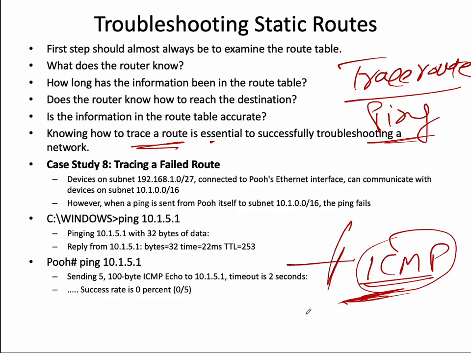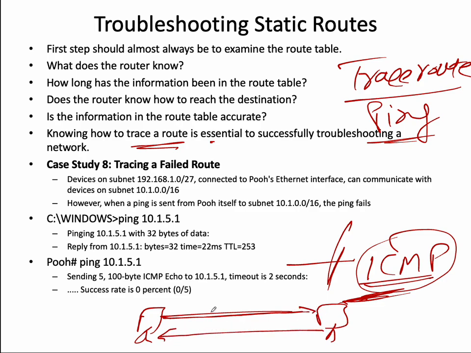It sends an ICMP echo request and waits for the ICMP echo reply. This is the round trip time, right? This is, let's say, the source, and this is your destination. It sends ICMP echo messages, right? It sends a bunch of ICMP echo requests, and then it waits for the reply, the same ICMP.